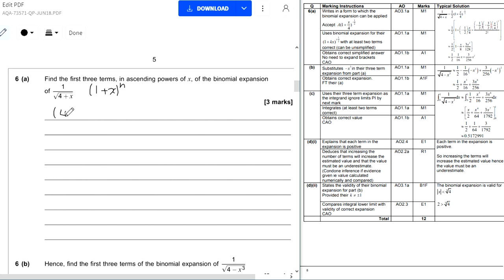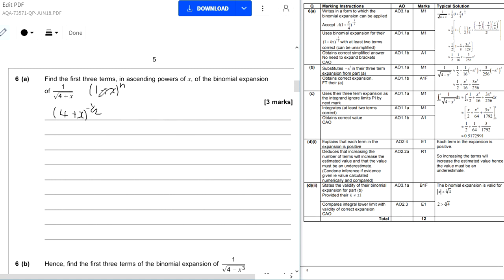So we can rewrite this as 4 plus x to the minus a half. If you don't know why I can do that, why the root is a half, maybe look up indices in your revision notes. But really, you should be able to do this by just looking at it.